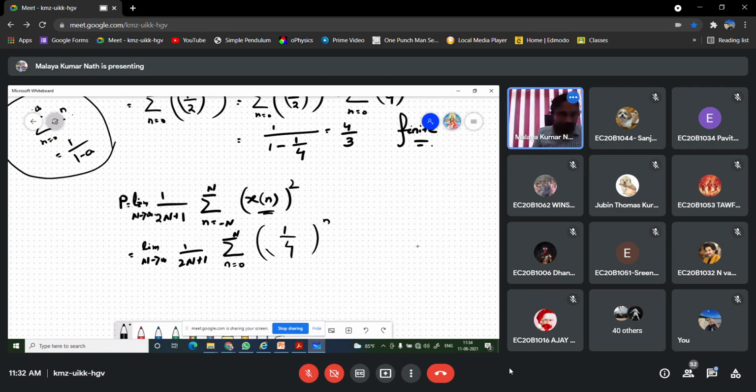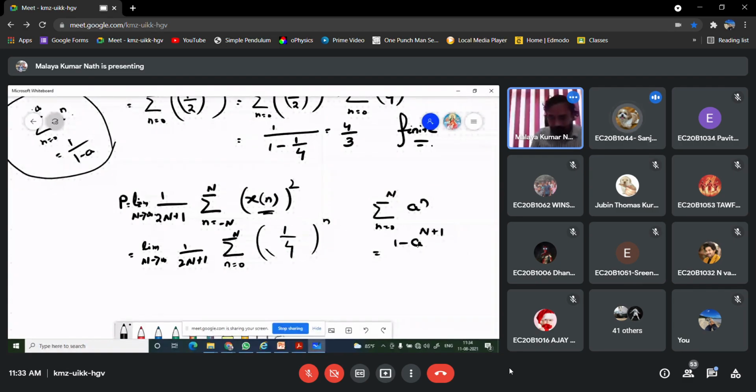Any doubt? So now this is the summation n equal to 0 to N of (1/4)^n. In your plus 2 mathematics, you have studied one formula: summation n equal to 0 to N of a to the power n is equal to 1 minus a to the power N plus 1 divided by 1 minus a.